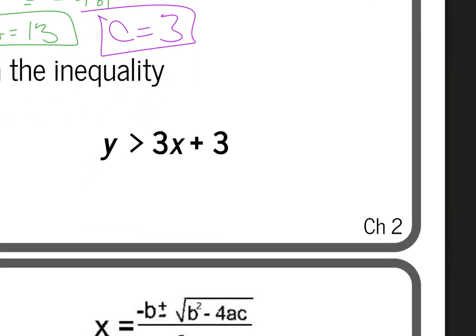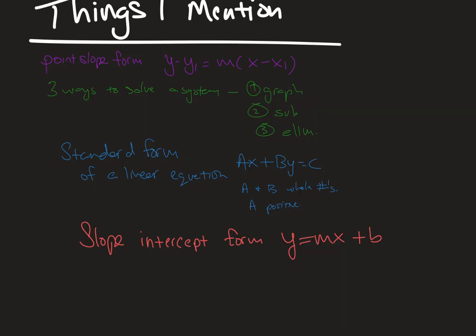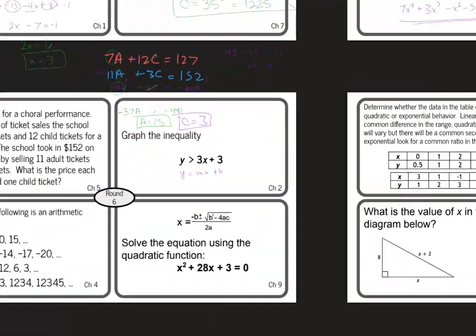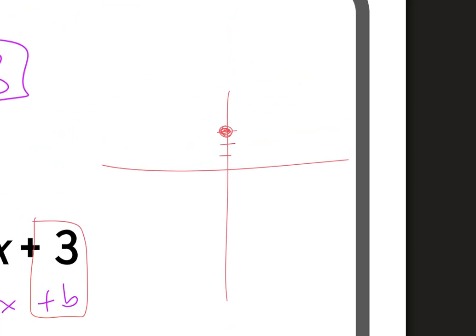Graph this inequality. It's in slope-intercept form, y equals mx plus b, which means that this is my y-intercept. So 1, 2, 3, y-intercept. My slope is 3, so I can just go rise 3, run 1.